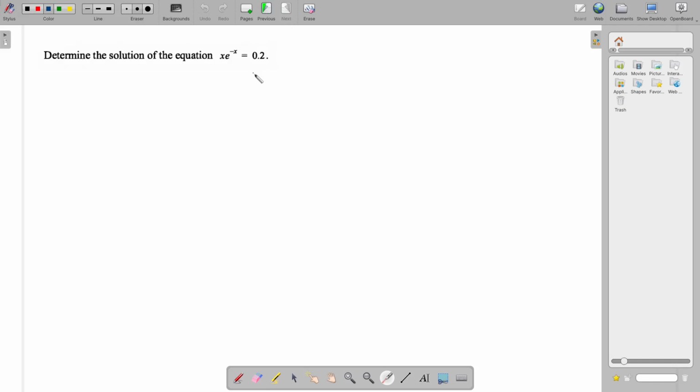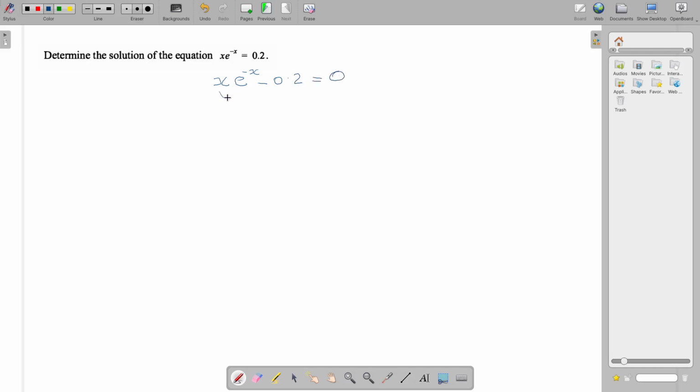We'll try to solve this equation using fzero. First I have to convert this equation into standard form, so that one side is 0, minus x minus 0.2 equals 0.